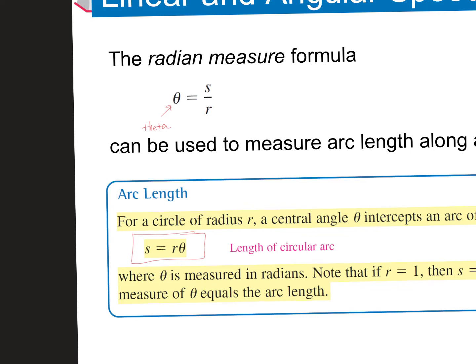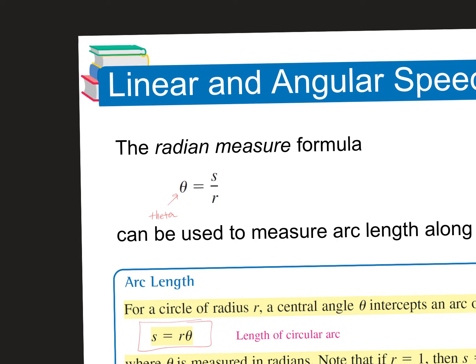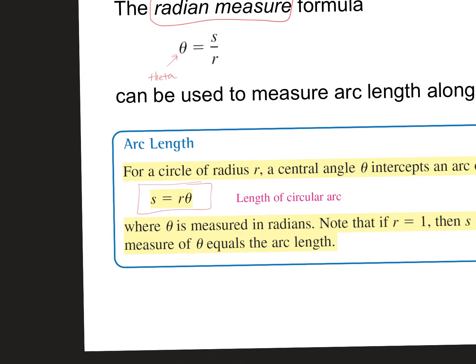When we talk about this, guys, you're talking about what kind of measurement? Radian. A lot of times, they'll give you a question that says determine the arc length, and they'll tell you that theta, the central angle, is in a degree measurement. What do we have to do first before we can calculate arc length?